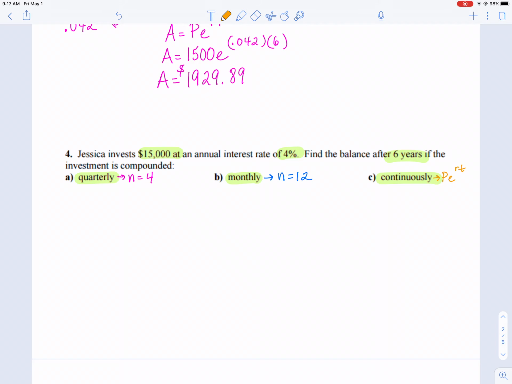You're using that base of E. Okay, so let's write that formula.